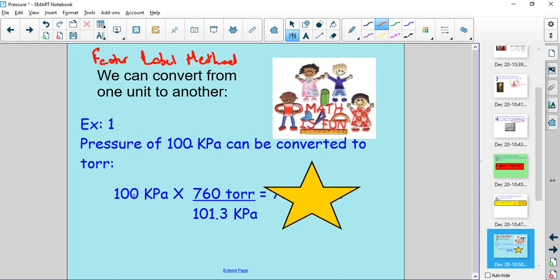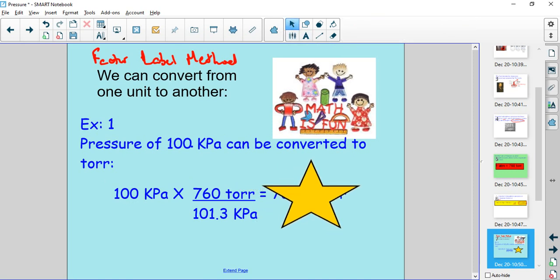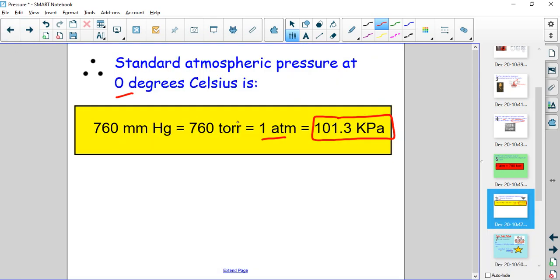Again, you write down what you need. I have the answer covered by the star, but essentially you need torr. What do we have? We have kilopascal, given to you in the question. Then we're going to multiply that by a conversion. You write the unit you want to get rid of at the bottom, the unit you want to keep at the top, and then you go back to your conversion factors and see what numbers are associated with each.